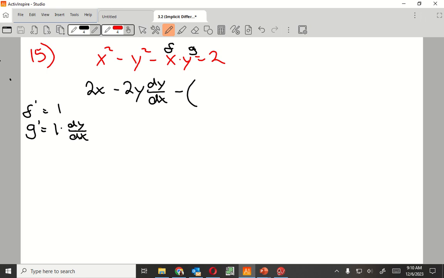So f prime is 1, f prime g, so it's going to be 1 times g, which is y, plus g prime f, so g prime f is going to be my 1 dy dx times f, which is x. Right there. Bring down my equal sign, and the derivative of 2 is just going to give me 0.